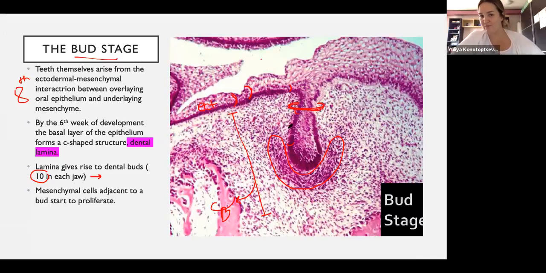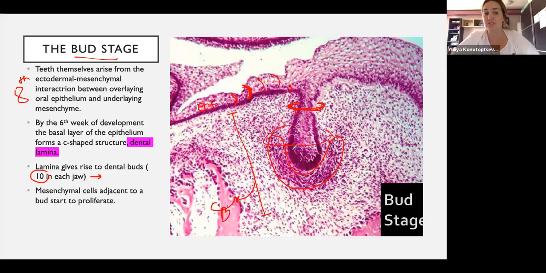You can agree with me that this little tiny bud is your future tooth. We're going to make an entire tooth out of this tissue. This is your oral cavity epithelium. So what is the dental lamina? It is just a bridge, a connection between the oral cavity epithelium and the developing tooth.